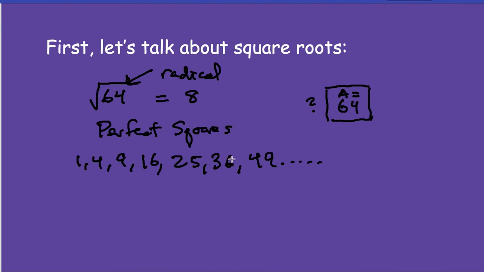Those are called perfect squares, but we deal with a lot of things in math that aren't perfect squares. You'll have something like the square root of 24, and we'll talk about how to deal with that in the next lesson. For now, all you need to know is that if it's not a perfect square, it's okay to just leave it under the radical sign.